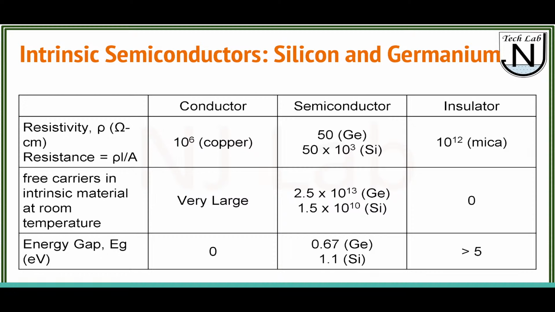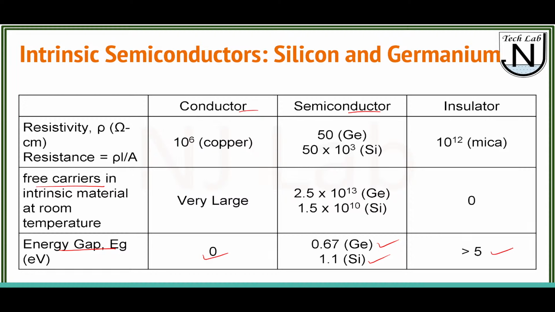So over here, if you look at this table, I mentioned the free charge carriers. The energy gap of a conductor is 0. The energy gap of a semiconductor is 0.67 for germanium and 1.1 for silicon, and for the insulator it is greater than 5.